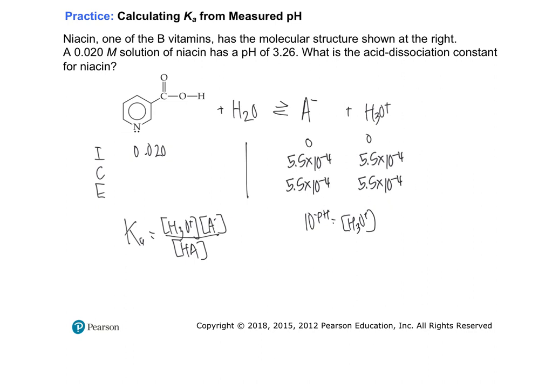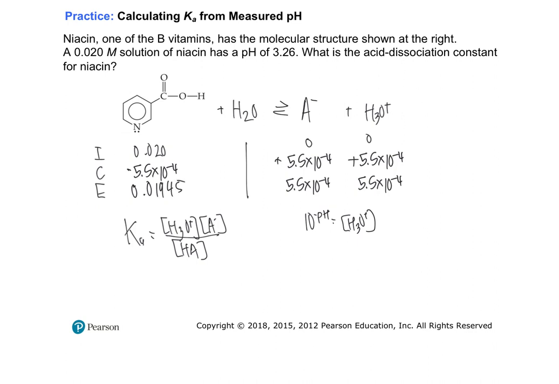Great, so I'll put that in here, and then I'll also put that over there. Okay, so I'm going to add that to both product sides, subtract it from the reactant side. So then I go 0.02, subtract that number, and you get 0.01945.